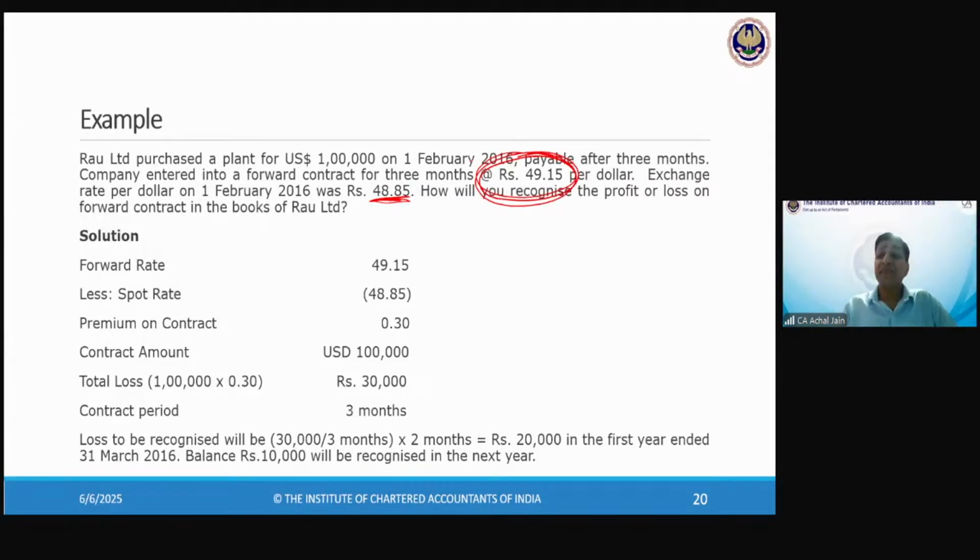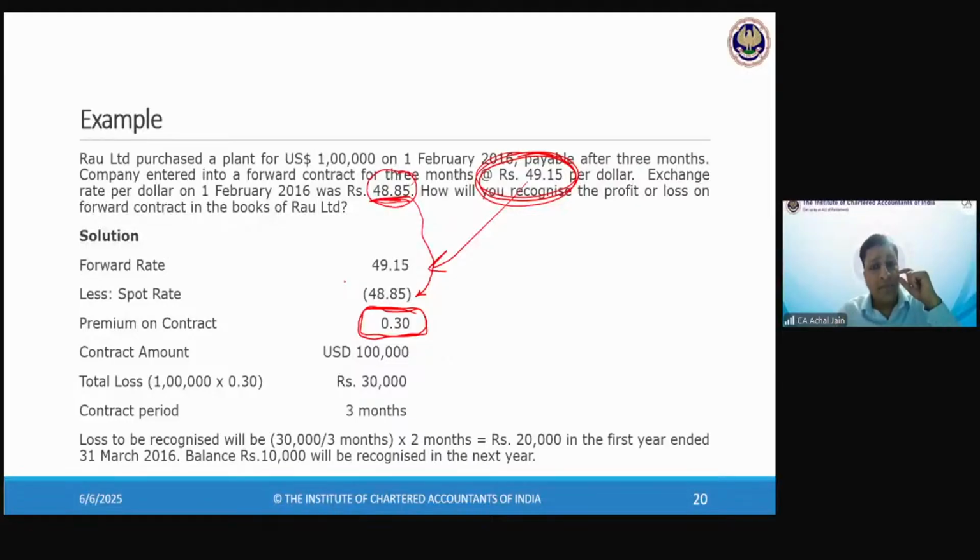Now, if the question is silent, we will assume it's the one which is not held for speculation or trading purposes. So how do you do the accounting? In this case, you will compute the difference between the forward rate and the rate on the date of entering into the contract. This is what you call premium. This premium has been paid to the bank.